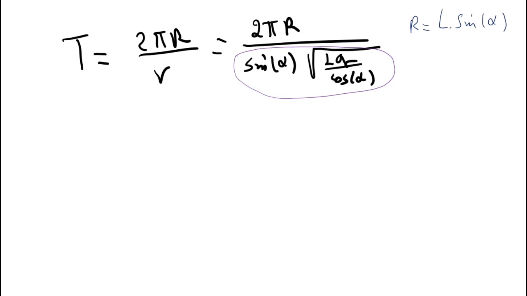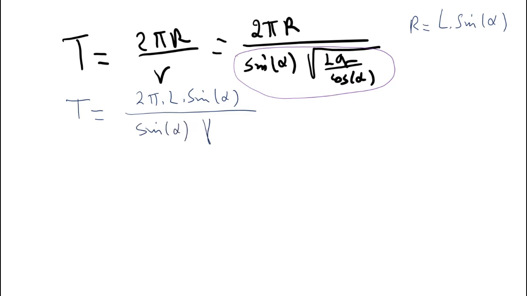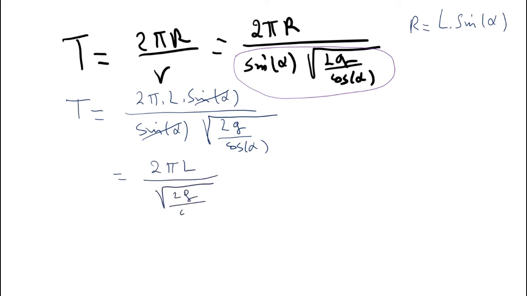We can replace here. The period T will be 2 pi times L sine of alpha divided by sine of alpha times the square root of Lg divided by cosine of alpha. Now the sine of alpha vanishes. We'll have 2 pi L over the square root of Lg over cosine of alpha. So we have L here, we have L here.